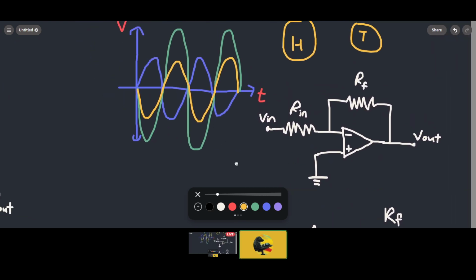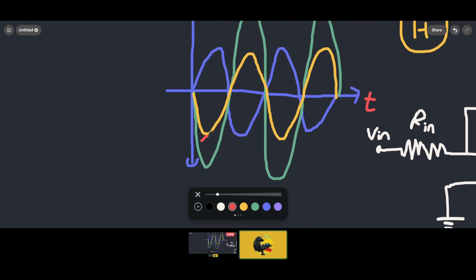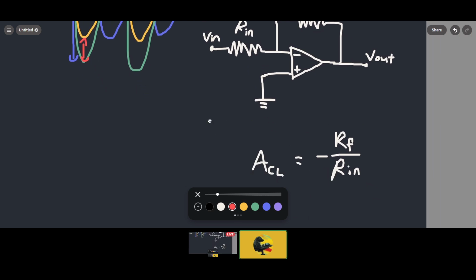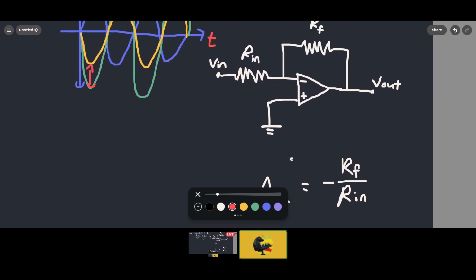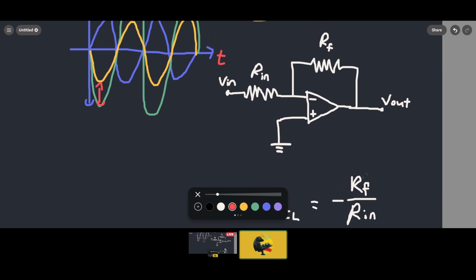So basically, to amplify this signal and invert it by this much, we can use this equation here to find that amount. That amount is called the closed loop gain, and you get that by here lah. So you just sub in this resistance here, and then like minus.